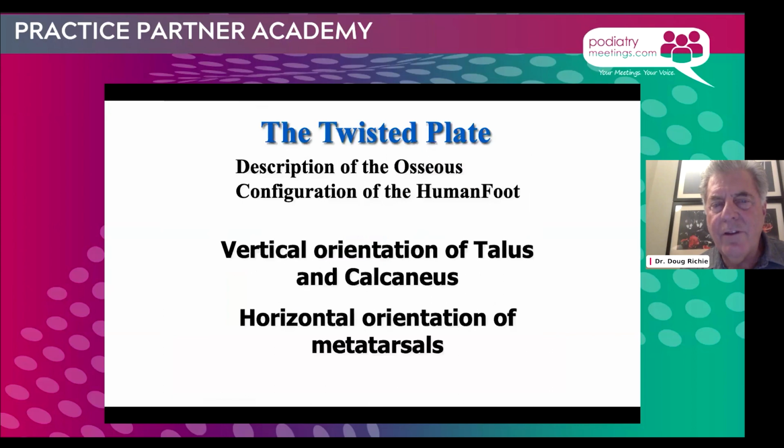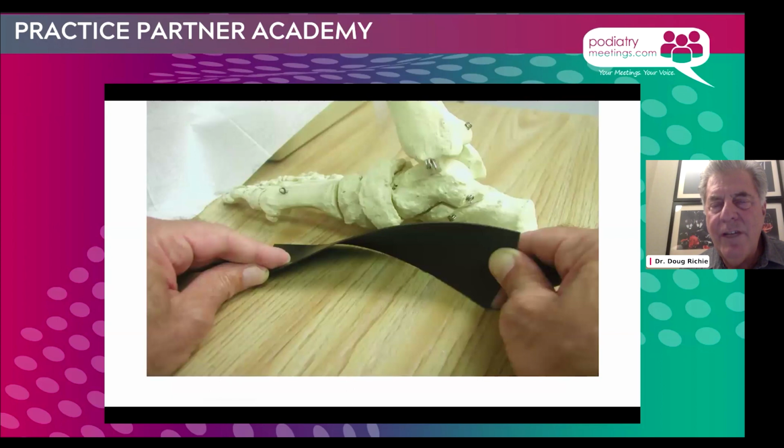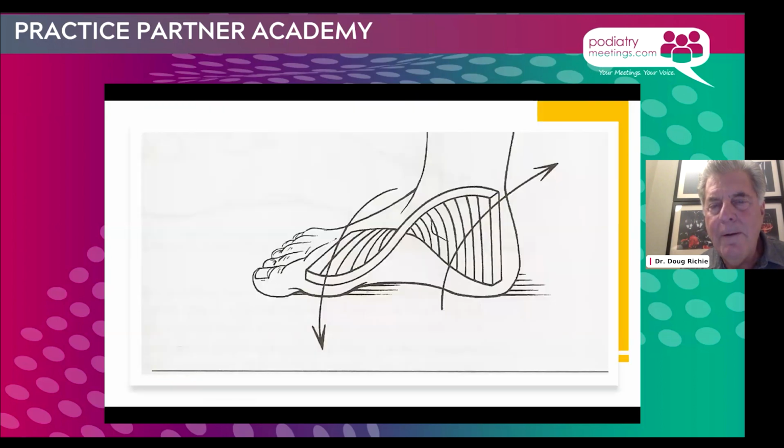He started with a description of the twisted plate of the human foot, where the unique feature of the talus oriented vertically over the calcaneus, compared to the metatarsals, which are oriented horizontally, creates a twist of the foot plate bones and creates both a medial and lateral arch. He then described how twisting this foot plate can cause tension or relieve tension in the plantar fascia.